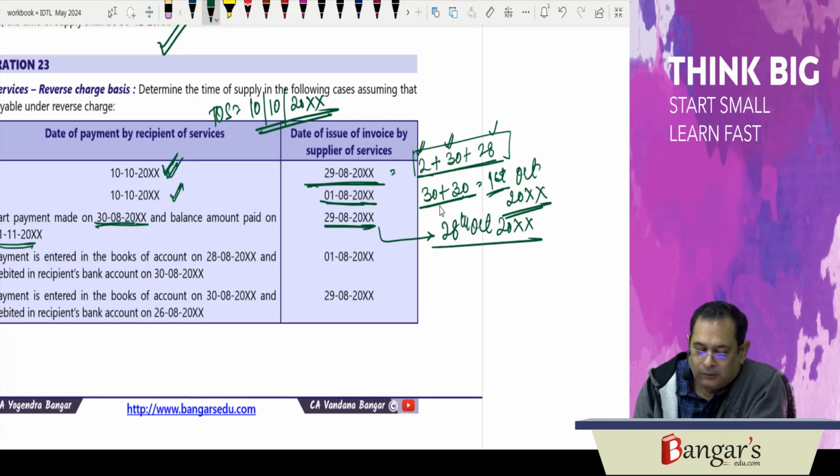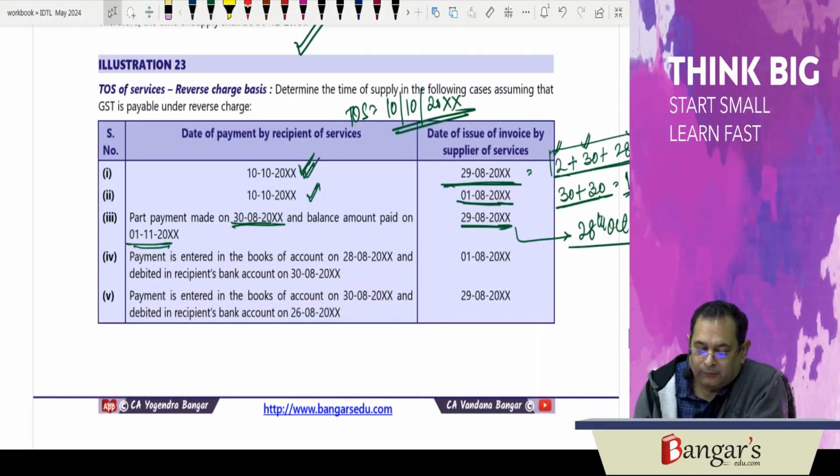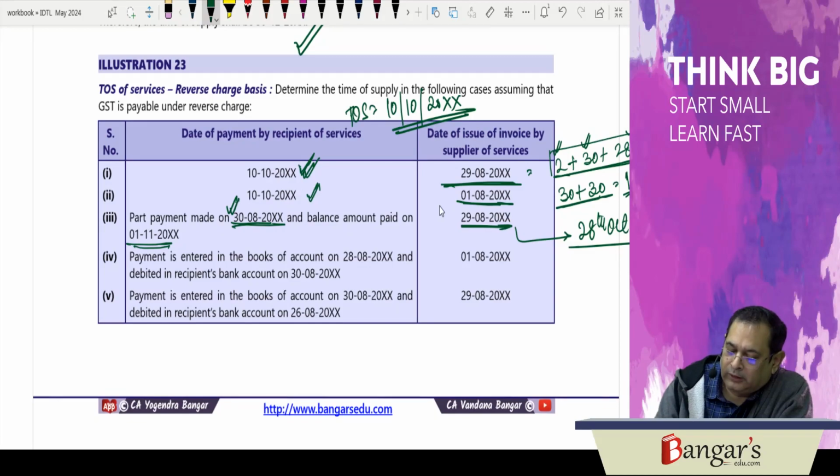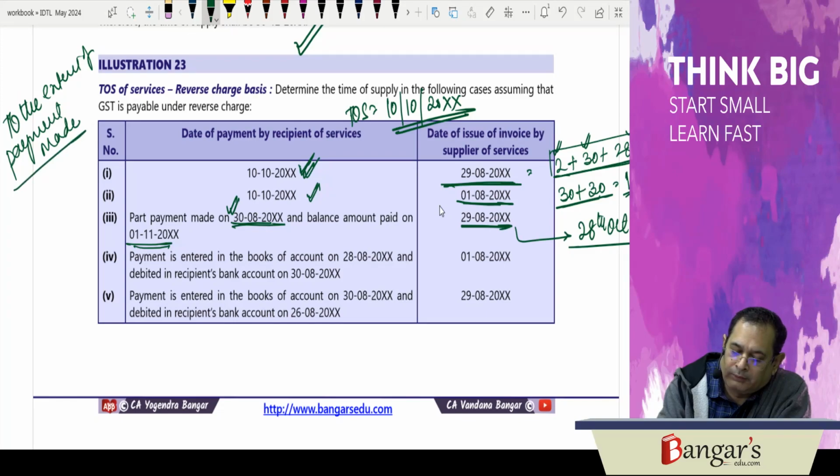Now here, what are they making? They are making payment on 30th of August. So to the extent of the payment made on 30th of August.